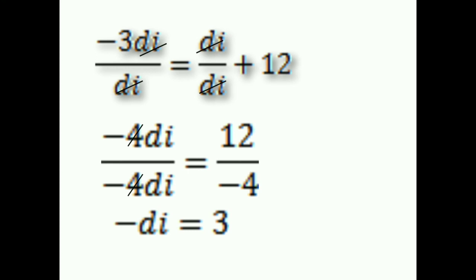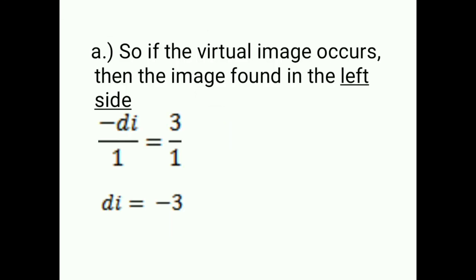So negative 4di equals 12. We divide, then di is equal to negative 3. If a virtual image occurs, then the image is found on the left side of the principal axis.